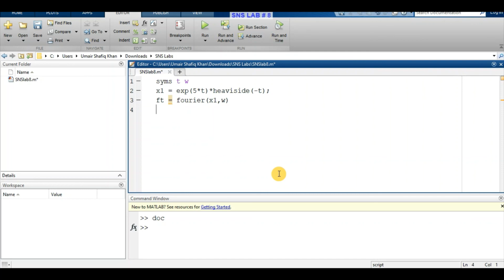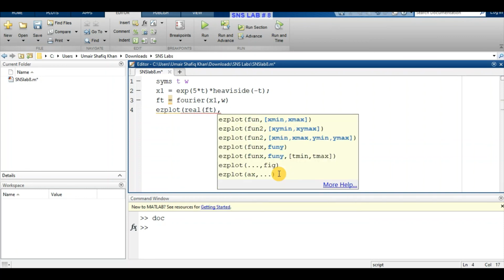After that we can plot this signal, and for plotting we will use ezplot, with the real values of the Fourier transform, and we will define minimum and maximum range for plotting. As you can see here, x min and x max.